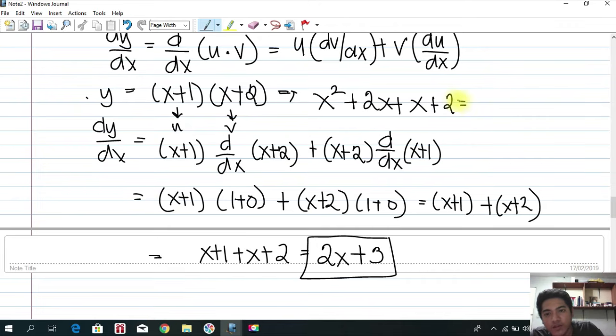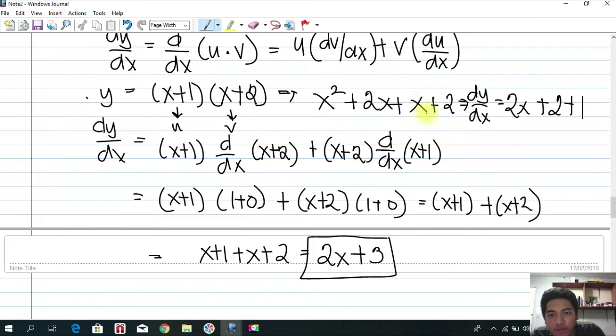So if you get the derivative of this, dy over dx, we apply the power formula here. So 2x plus 2, okay, plus 1. Why? Power formula for x squared gives 2x. Then this is the derivative of a constant times a function x. So the constant we take out of the derivative, then the derivative of the function x will result in 2.